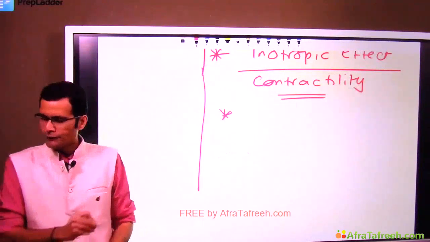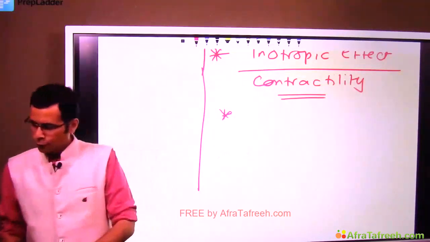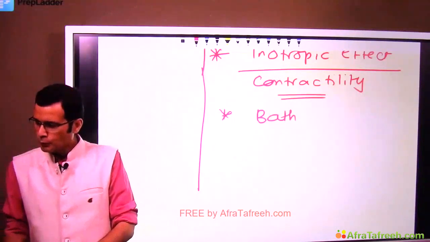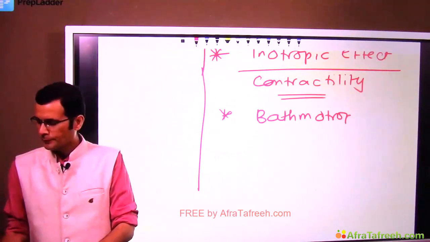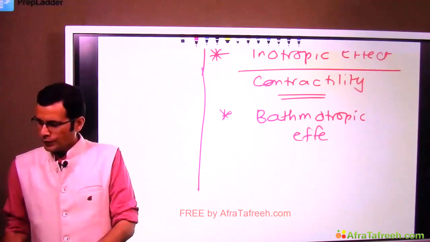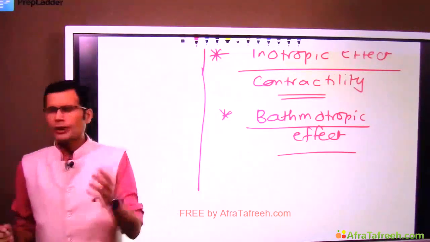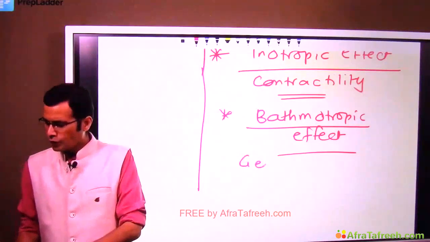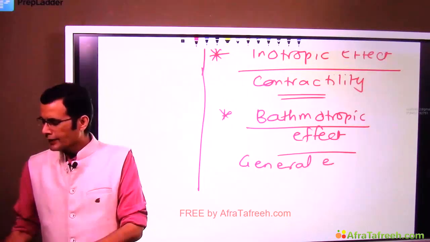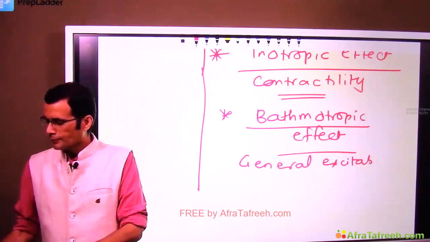So that is inotropic effect. The fourth one is bathmotropic effect. The effect is on the general excitability in the heart.